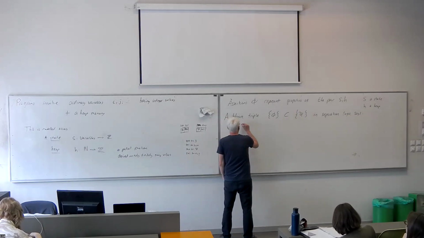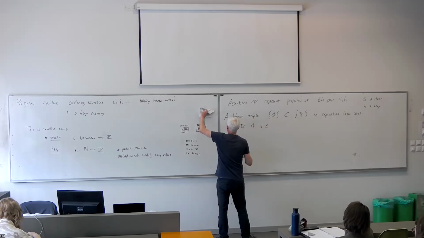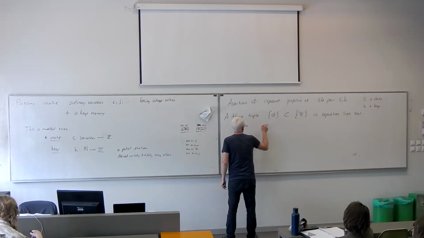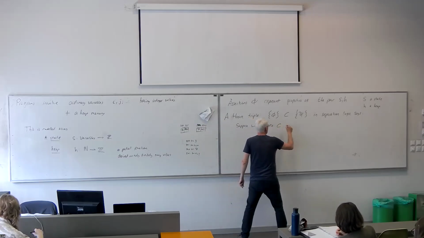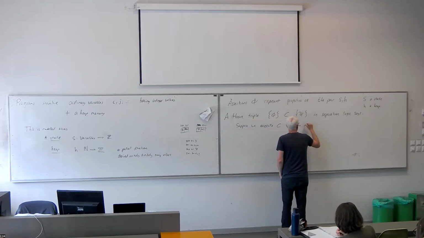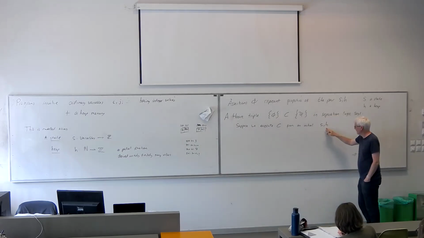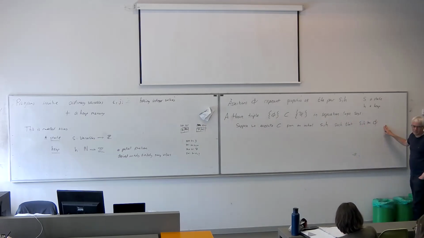So it says, suppose we execute C from an initial state and heap combination such that, I'm going to use logical symbols, phi is true in the state heap combination.